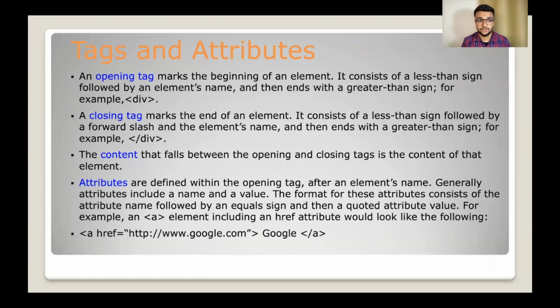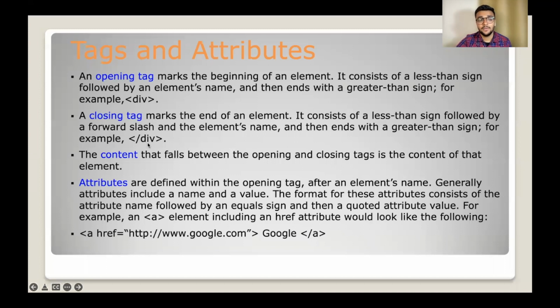Tags and attributes. The opening tag marks the beginning of an element. It consists of a less than sign followed by the element name and then ends with the greater than sign, for example, div. A closing tag marks the end of the element. It consists of a less than sign followed by a forward slash and the element name and then ends with a greater than sign, for example, the closing div.